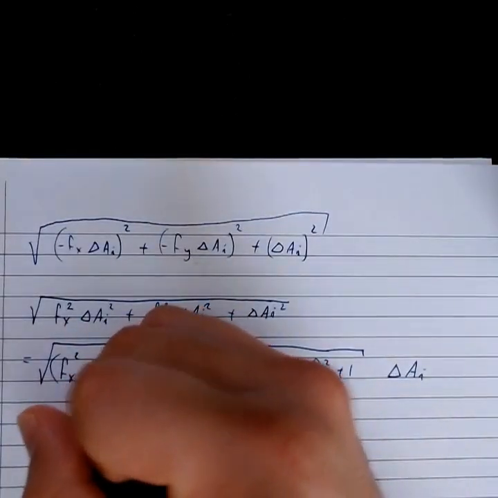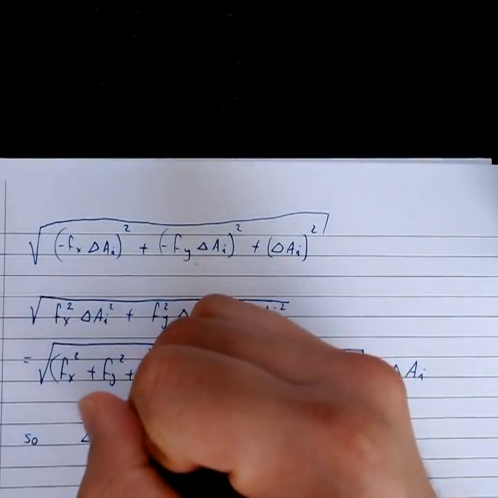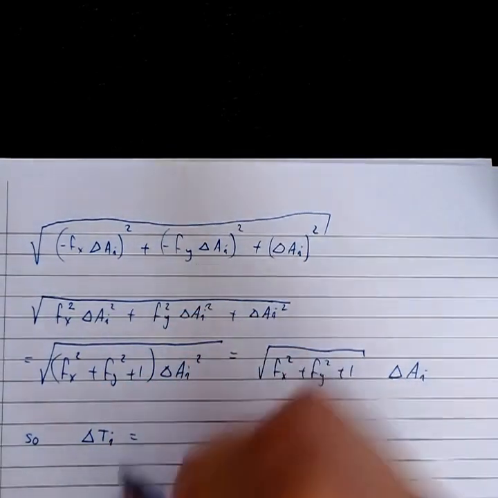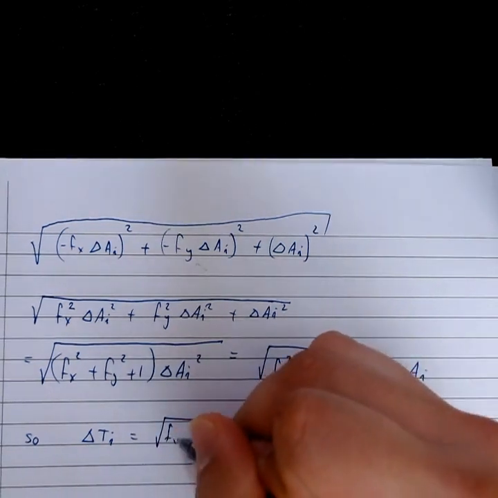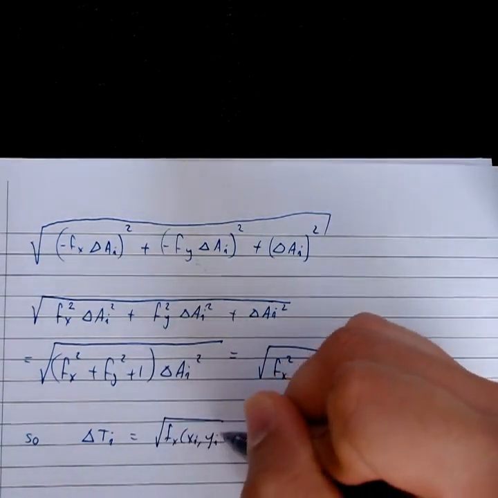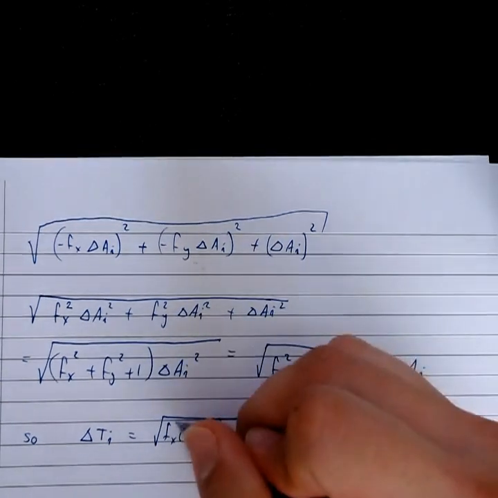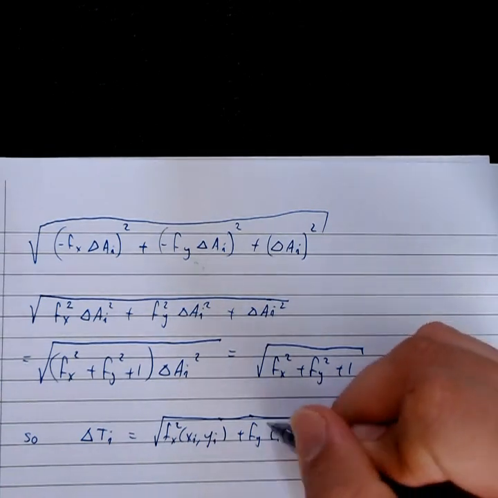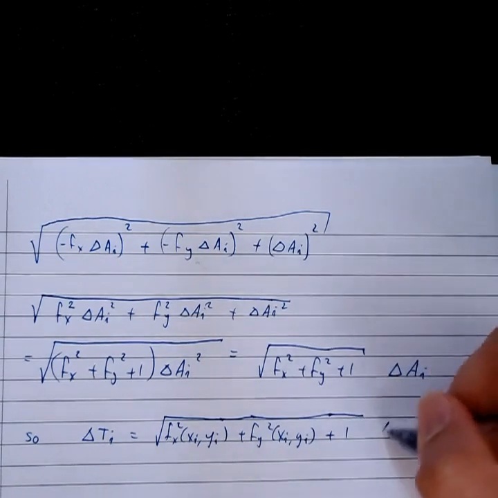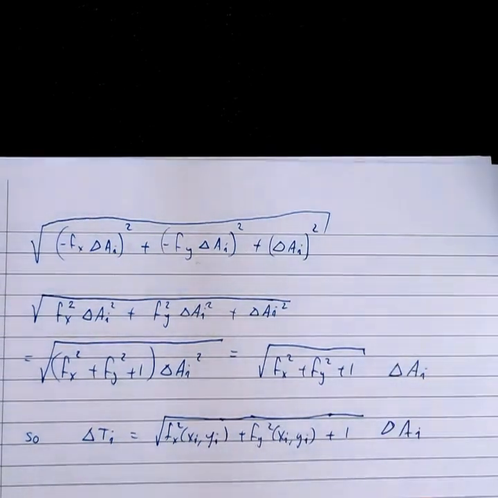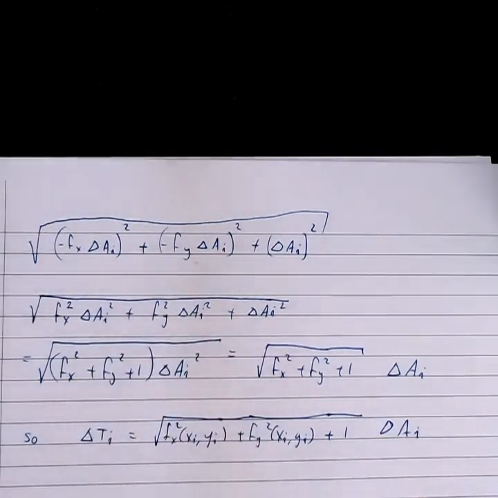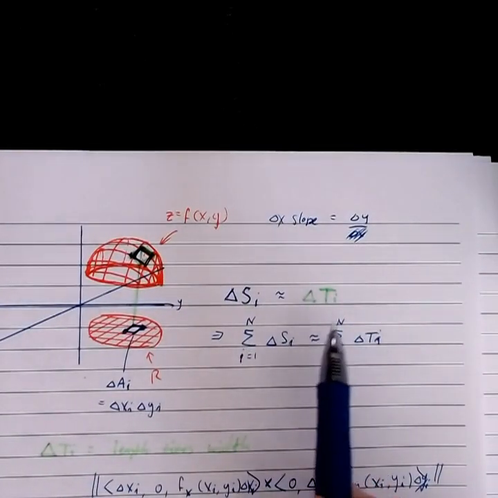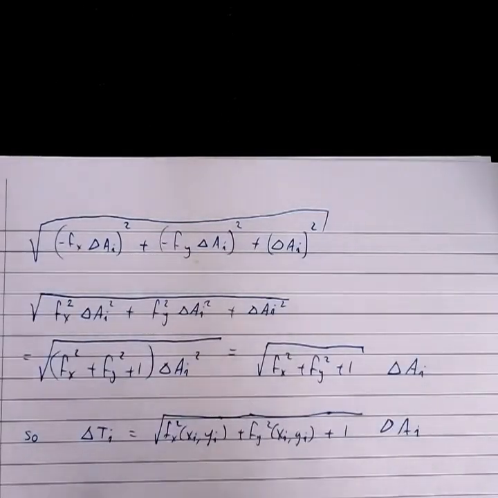So what we get is that the delta t sub i is equal to the square root of f sub x at xi comma yi squared plus f sub y at xi comma yi squared plus 1 delta a sub i. But then that means that from our previous assertion, if we want to find the sum of the surface areas, all we're doing is we're taking the sum of these things that we just found.